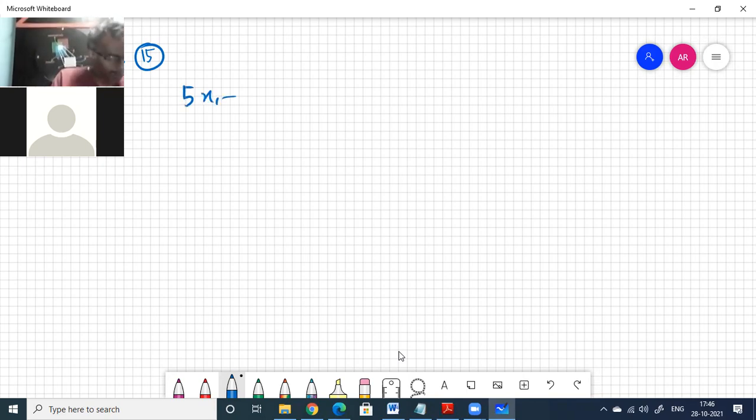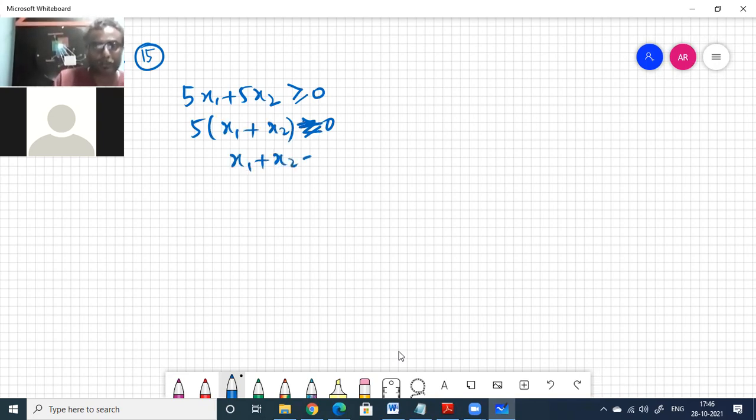Constraint 5x1 plus 5x2 greater than or equal to 0, that is 5 into x1 plus x2. Now you put equal to 0, that is x1 plus x2 equal to 0.